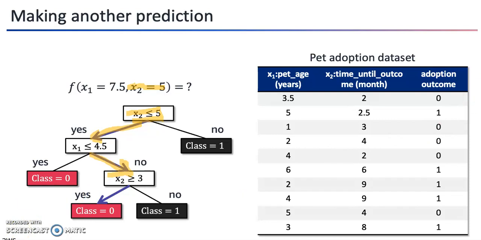Yes, 5 is bigger than 3, so we go along this branch, and we conclude that the value of the categorical variable is equal to 0. So the prediction is 0. This is no longer a question: the value of f is equal to 0.